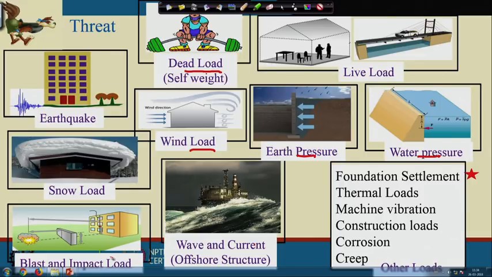We can have blast load and impact load. Depending on the environment, we can have snow load as well, and other than that support settlement, thermal loads, machine vibration, and so on. There are different kinds of load. It depends on your objective, for which purpose you are building the structure, what purpose the structure is going to serve. Depending on that, you have to consider the load.